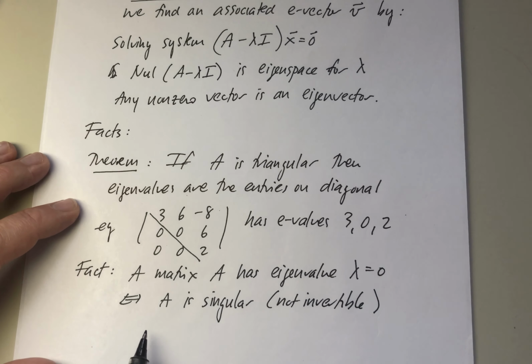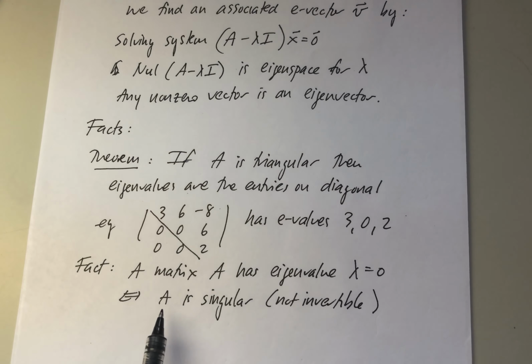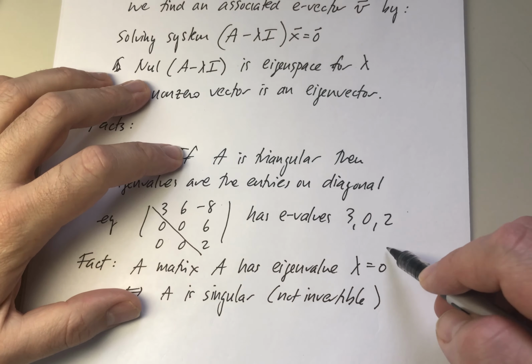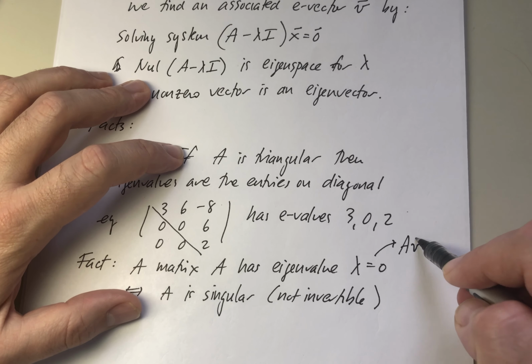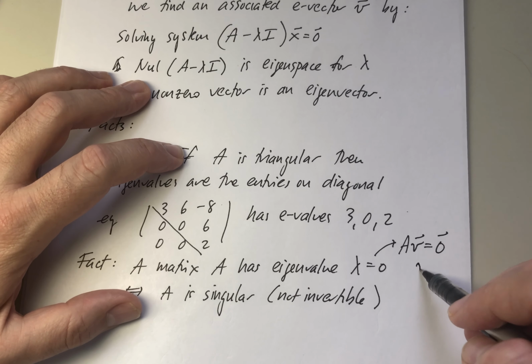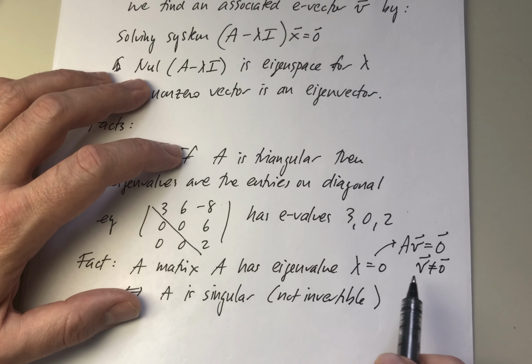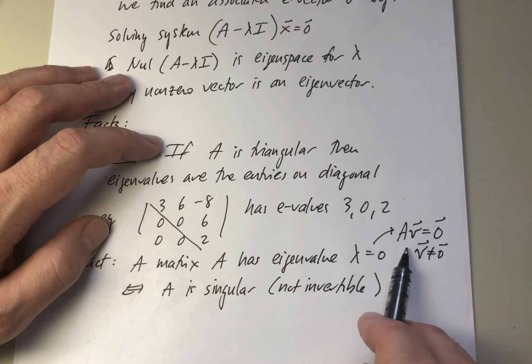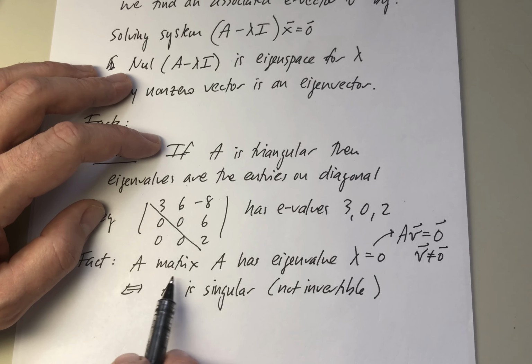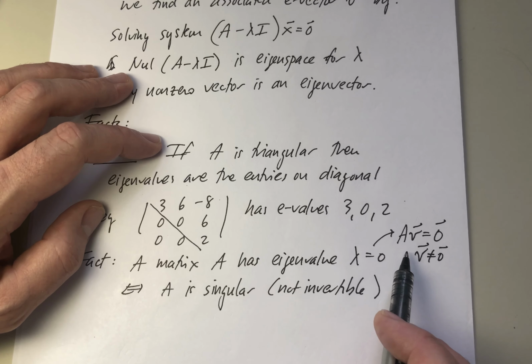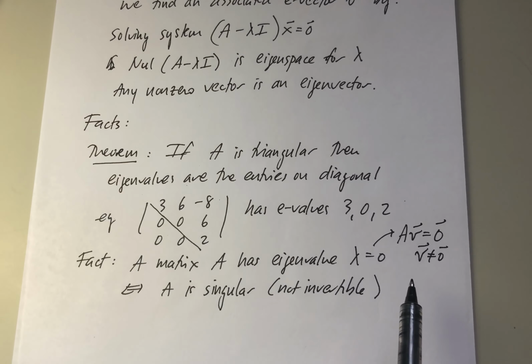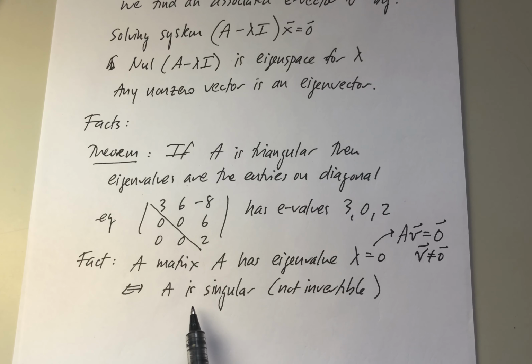To say that you have an eigenvalue 0 means that you have A times v equals 0 for some non-zero v. So you have a non-trivial solution of the homogeneous system, which, as you know, is the same as saying that you have a not invertible matrix.